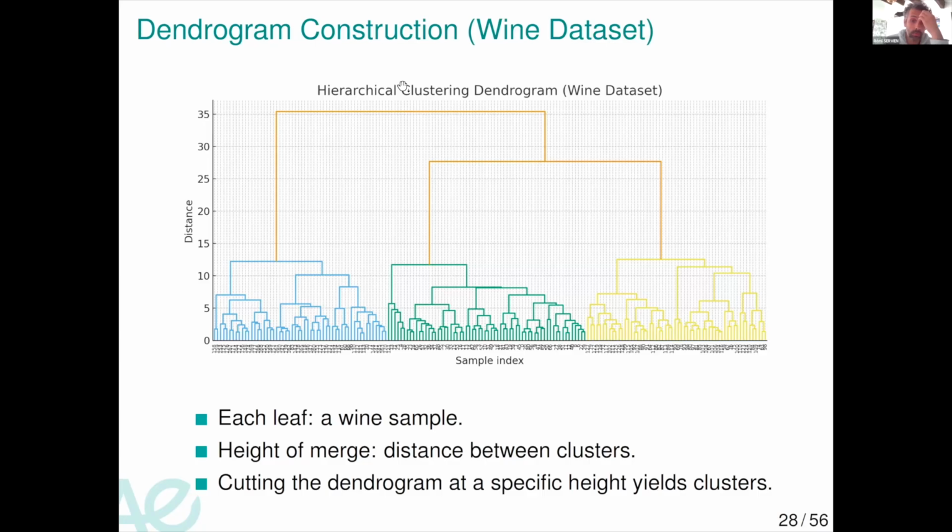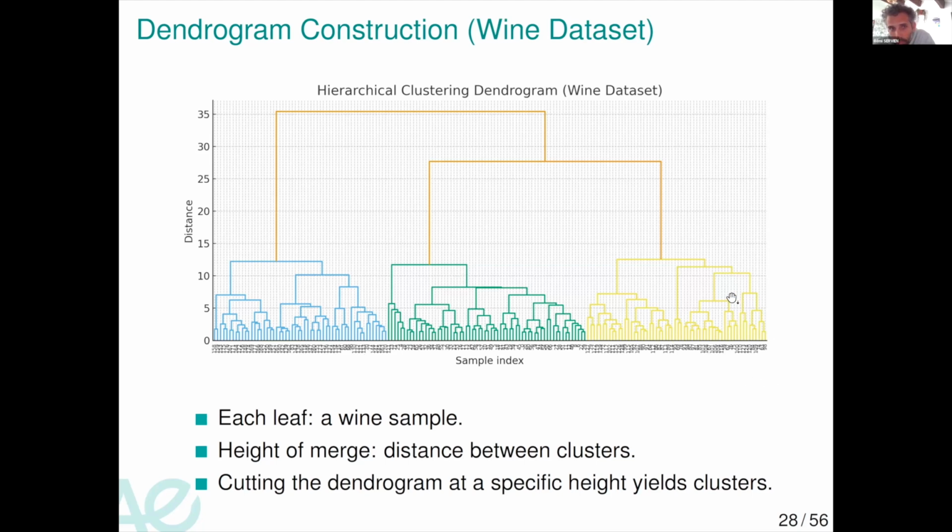So now you have the dendrogram, and if you want to cluster your data set in two groups, you cut the dendrogram here, and you have a first group which is the blue wines, and a second one which is the green and the yellow ones. If you want three clusters, you cut the dendrogram here, and you have the blue one, the green one, and the yellow one.